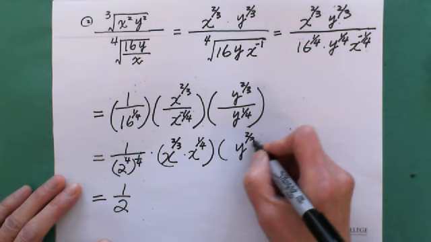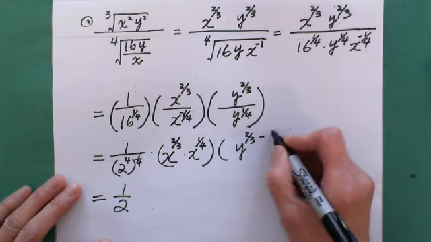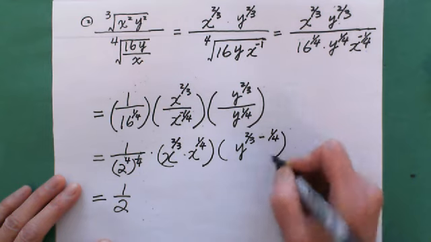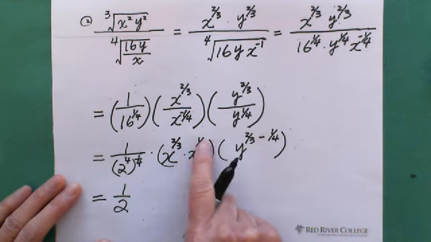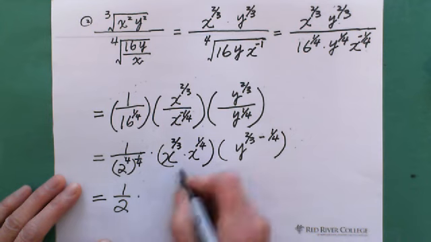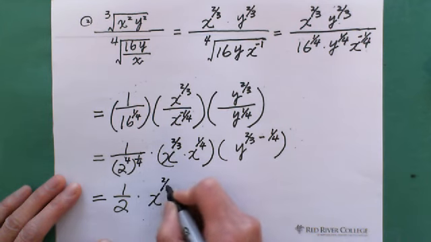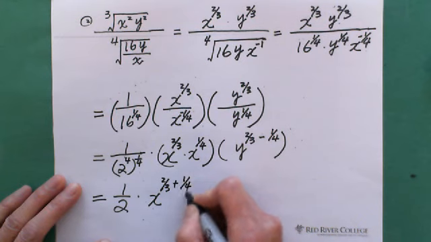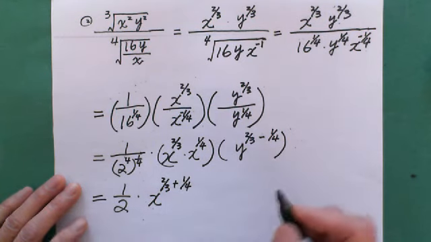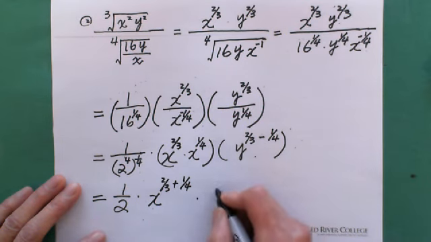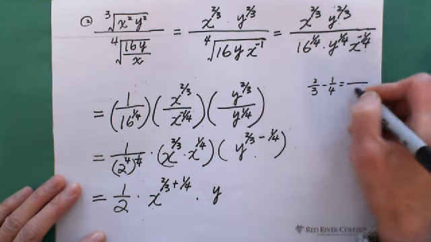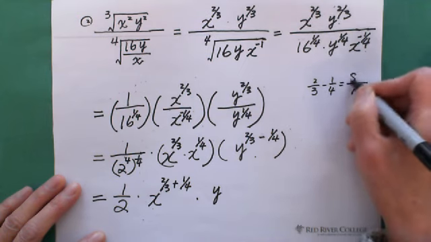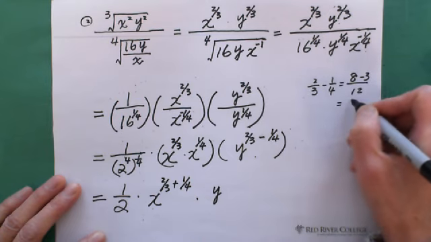2 over 3 subtract 1 over 4, right? And for x, this is multiplication, so it is plus: x to the 2 over 3 plus 1 over 4. What does this equal? Let's do y first: y to the 2 over 3 minus 1 over 4. With common denominator 12, this is 8 minus 3 equals 5 over 12, right?